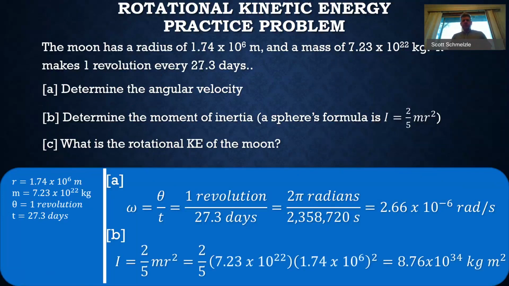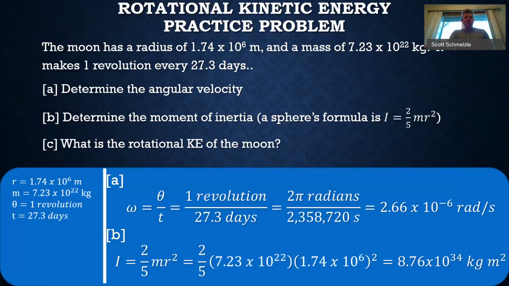We take 2/5 times the mass, which is 7.23 times 10 to the 22nd kilograms, and then we square our distance. What we end up seeing here is that we get 8.76 times 10 to the 34th kilogram meter squared. Now, is that an absolutely maniacally huge moment of inertia? Yes. I wonder what Jupiter's would be, just because that's the biggest planet that we have in our solar system. That would be interesting to see. Maybe we'll find that out some other time.